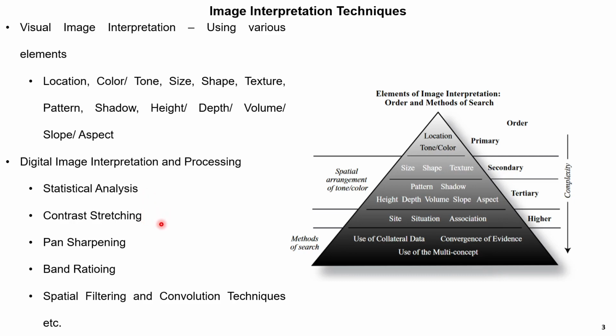I'll be explaining linear contrast stretching. Then what is pan sharpening and how to do it in QGIS. That is also one of the image enhancement techniques. Then we have band ratioing. I think band ratioing is part of the next week. And spatial filtering and the convolution techniques, this we'll cover in this week. So these are the different image interpretation techniques.